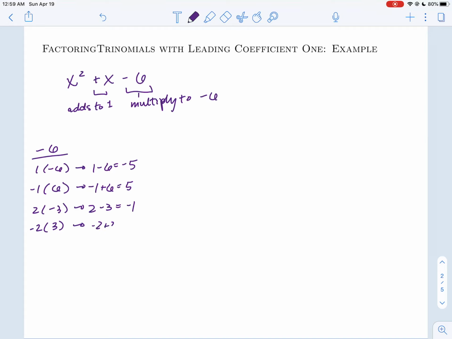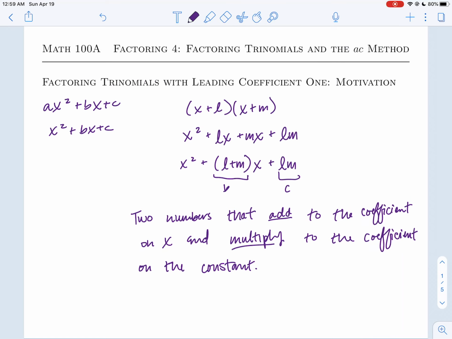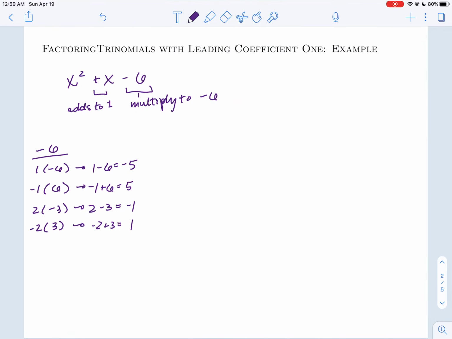Well, it just so happens that this last pair, this negative 2 plus 3, that'll give me that positive 1 that I'm looking for. So if we think back to that last page, whatever adds to the coefficient on x and multiplies to that last term are just the two numbers that are going to be in my parentheses. So now with my negative 2 and my positive 3, I can factor this into x minus 2 times x plus 3.